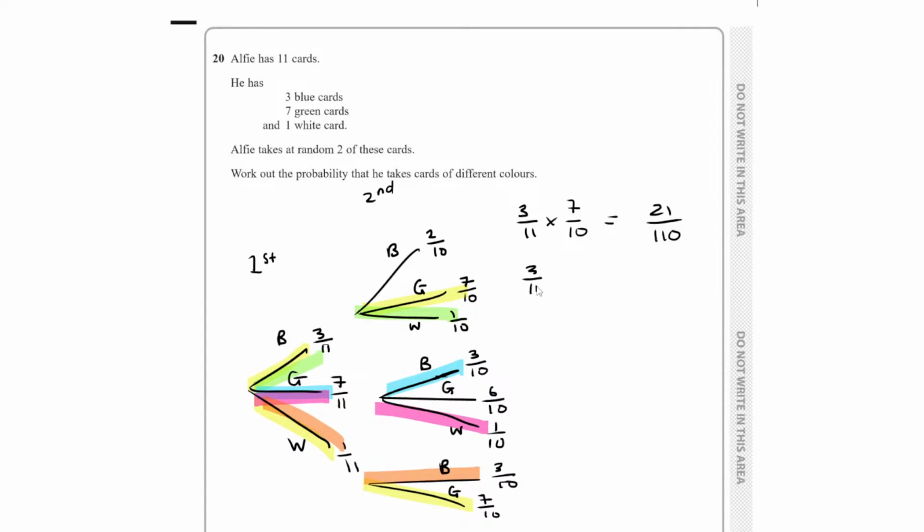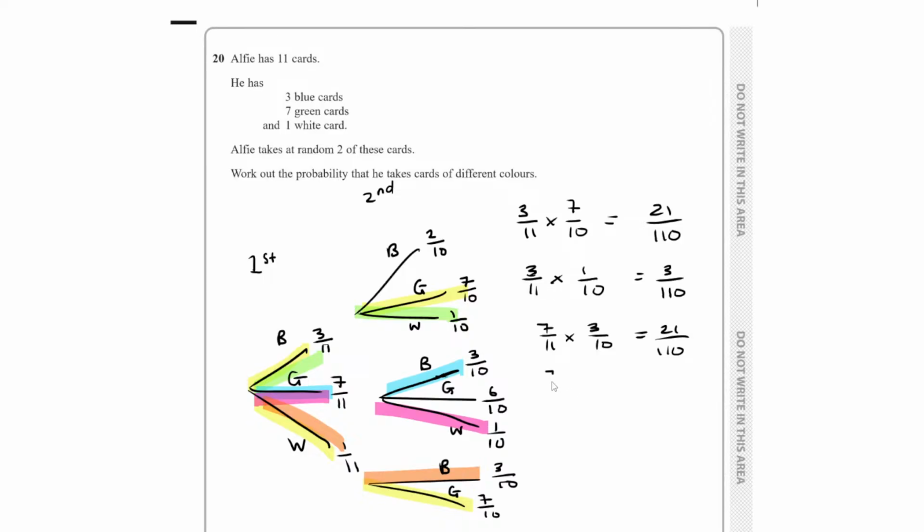So again, 3/11, but now times by 1/10, which is 3/110. The benefit of this is that they all end up having the same denominator, so I wouldn't simplify anything, I would just leave it. Okay, now the blue option is green and then blue, which is 7/11 times 3/10. It's all the same combination of numbers, really, just in a different order, which is again 21/110.